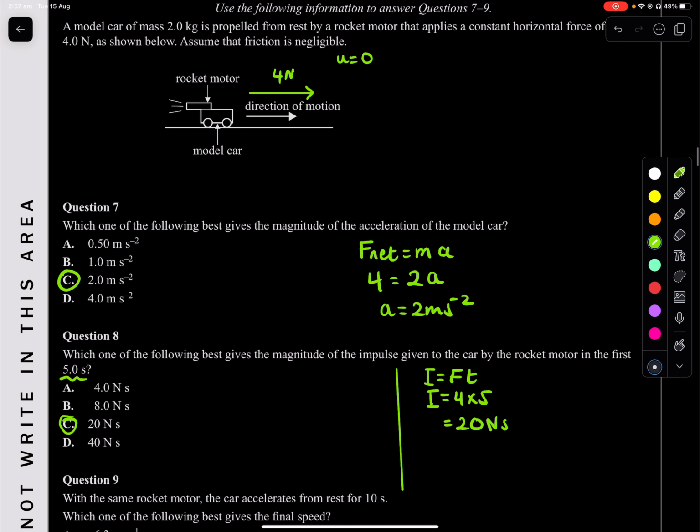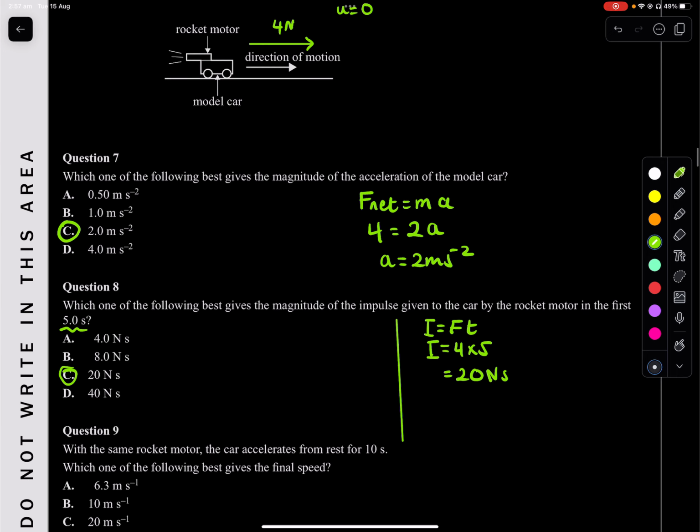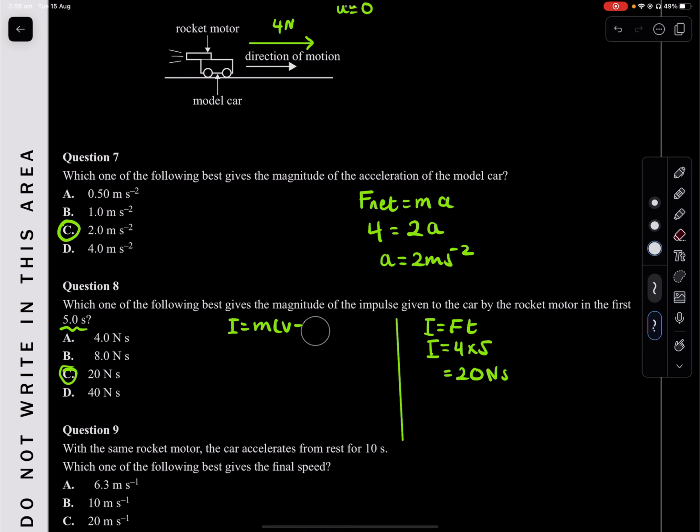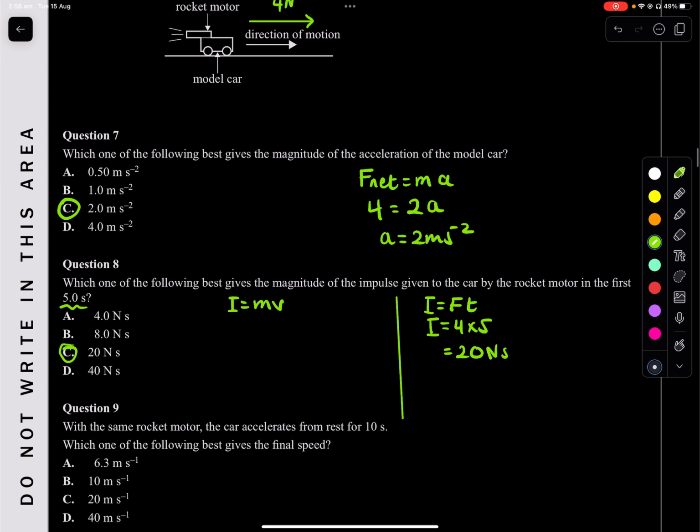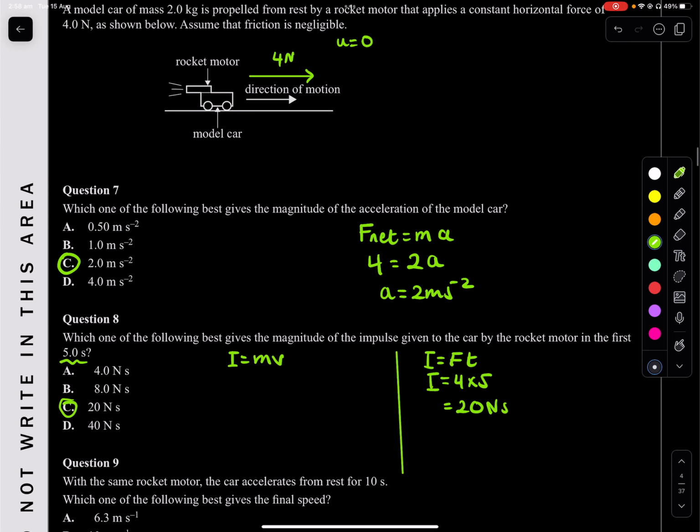If I was in an exam and I didn't have that formula, I would just use the SUVAT formulas. I know impulse is the change of momentum. So your impulse is m(v minus u). Well, u in this case is 0 because it starts at rest, so we can just forget about that. So it's just mv. We know our mass is 2, but what about our final velocity? We know our u is 0, time is 5 seconds, and our acceleration is still 2.